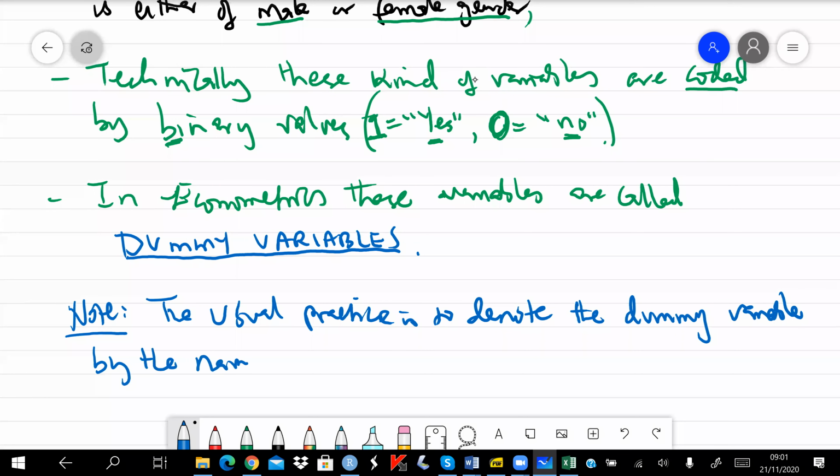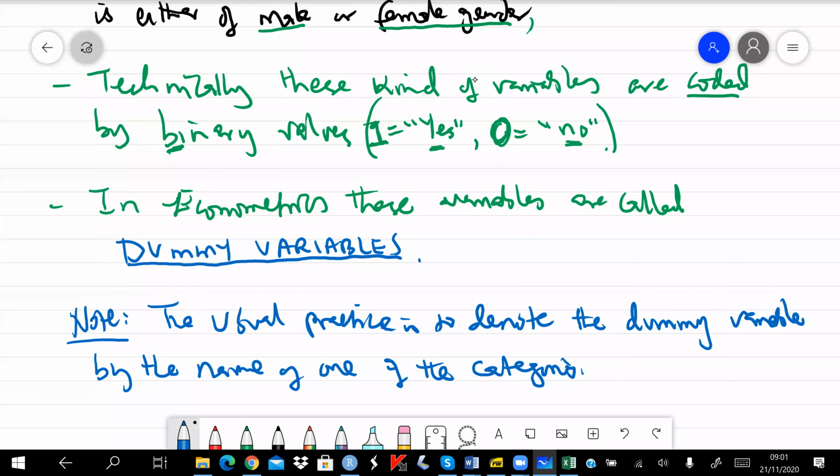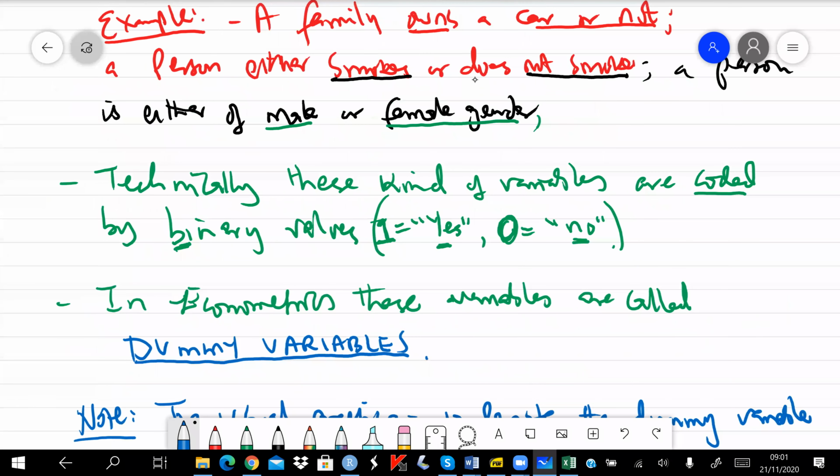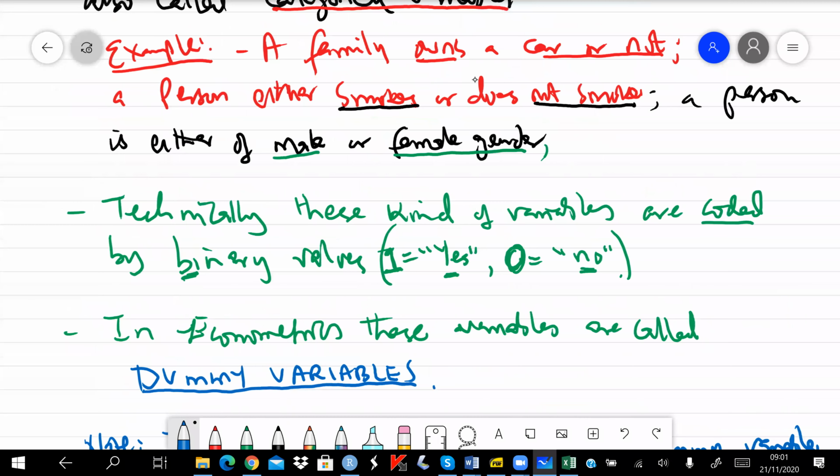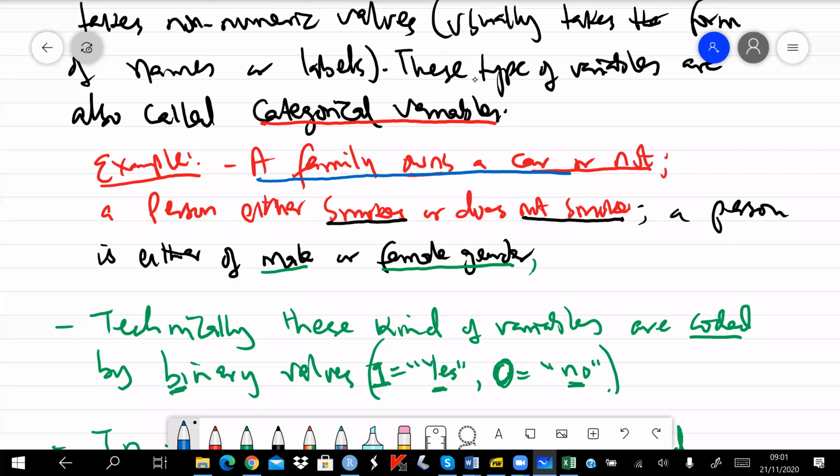So instead of having this as your variable name, you choose one of the categories, one of the possible answers, as the name of the variable.